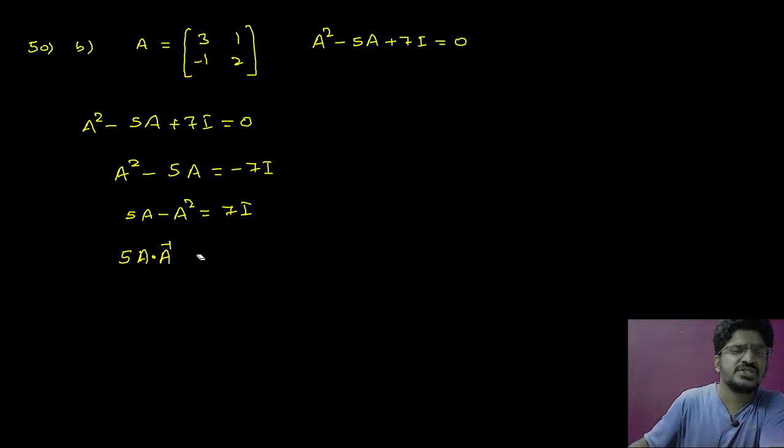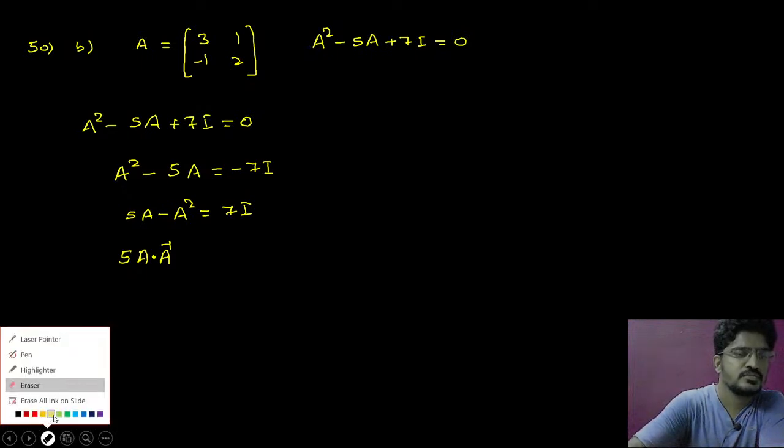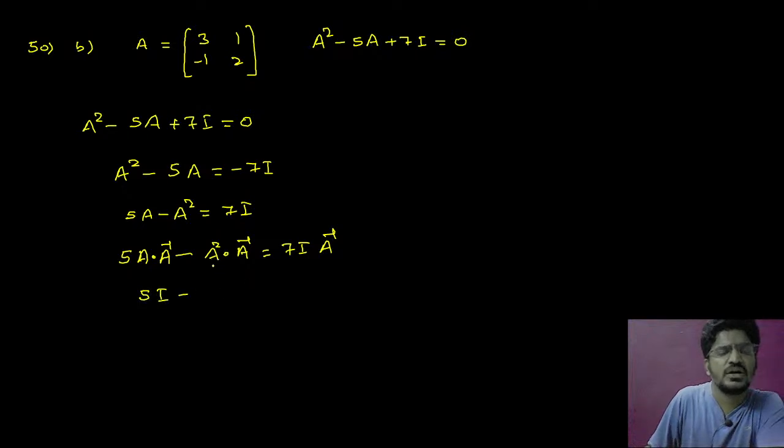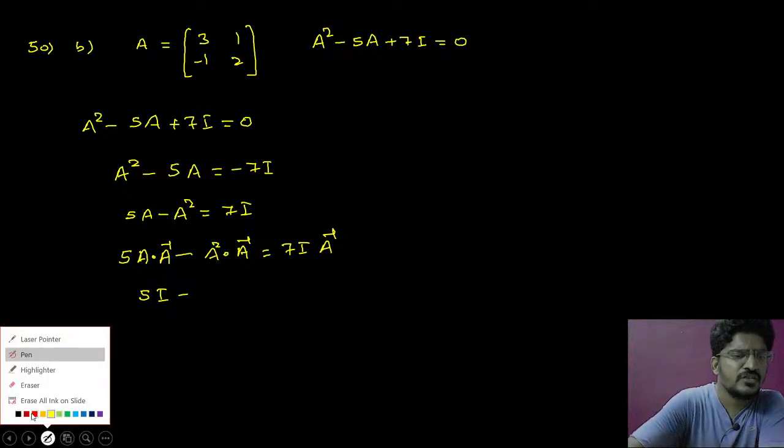Here a square is a into a. Minus a square into a inverse equal to 7I into a inverse. So a into a inverse is I. Here a square is a into a, so that's why you may get confusion here.